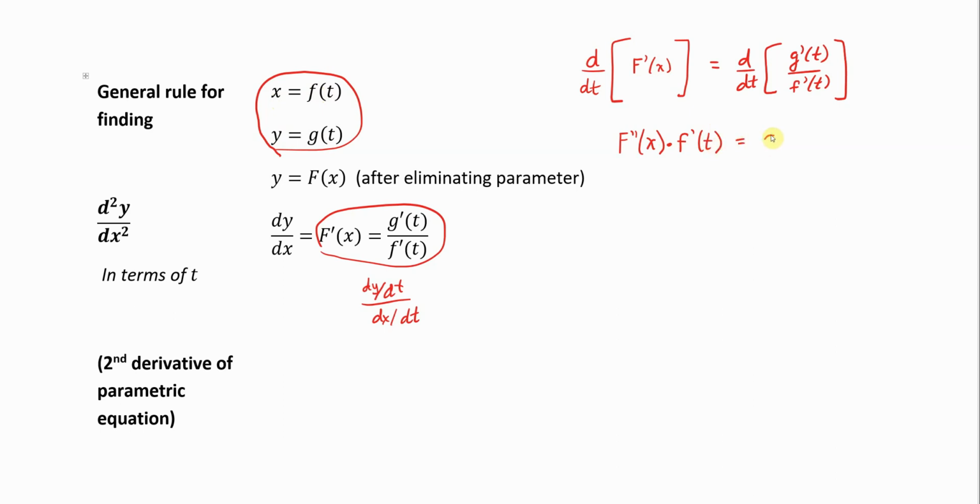Okay. So this is equal to d dt of g prime of t over f prime of t.